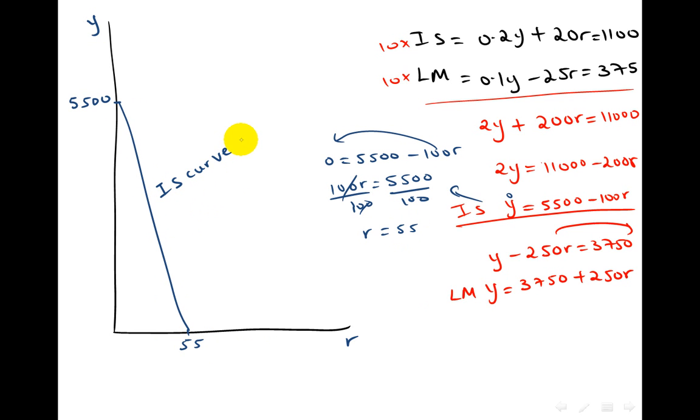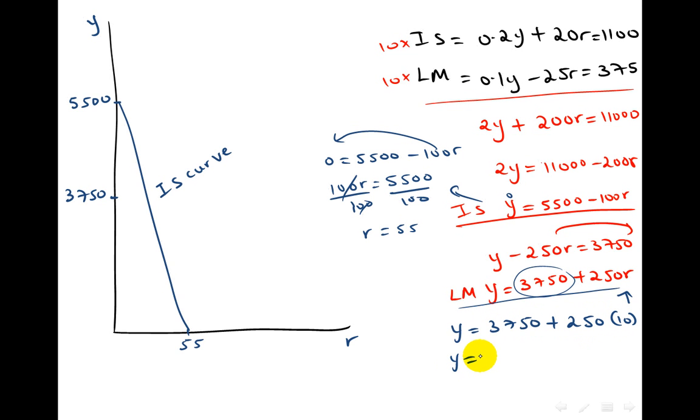Okay, let's talk about the LM now. This one, of course, you know that the intercept will be 3,750. Let's say it's almost here. Now this LM is positive because here the slope is positive, so it's going to go this way. So to find the other point, you have to plug in instead of r whatever number you want. Let's plug in, let's say 10. So y equals to, so I said I will plug in here 10. So I'll do it once by calculator.